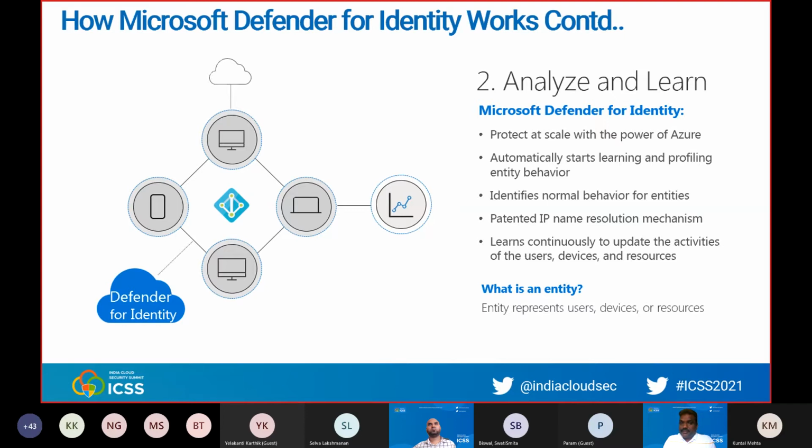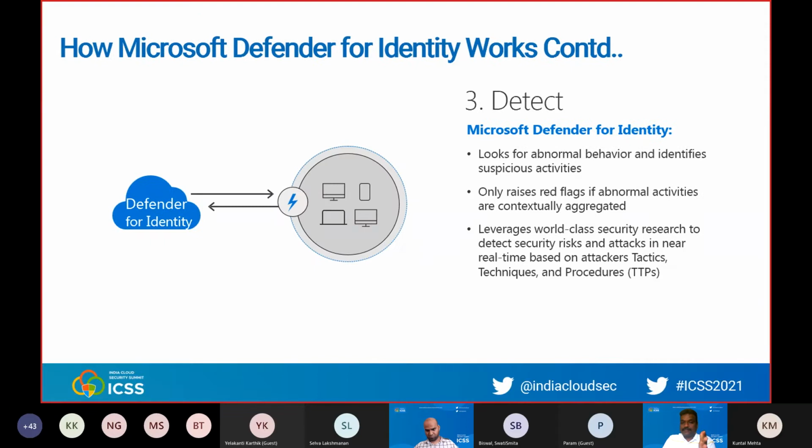It also understands the IP name resolution patterns and what kind of services are being worked upon. Once it understands and learns about the behaviors, it is in a very good position to detect. What does it detect? The unusual behaviors, the abnormal behaviors, suspicious behaviors.